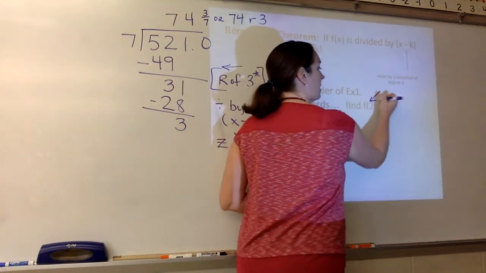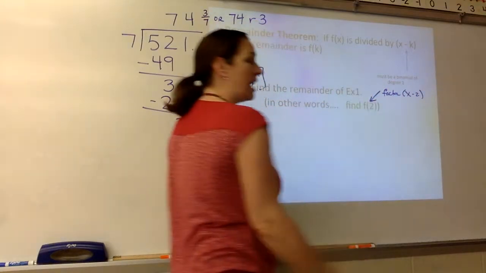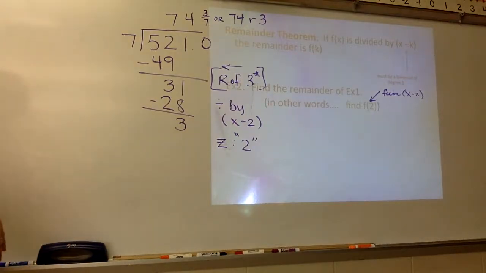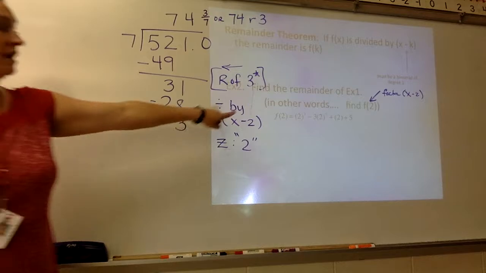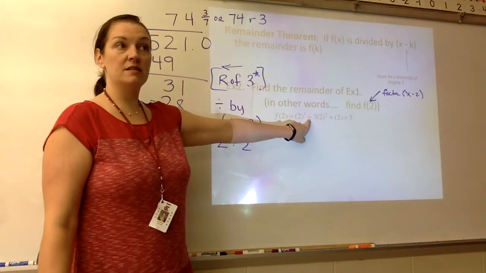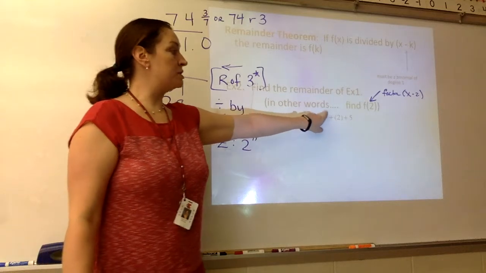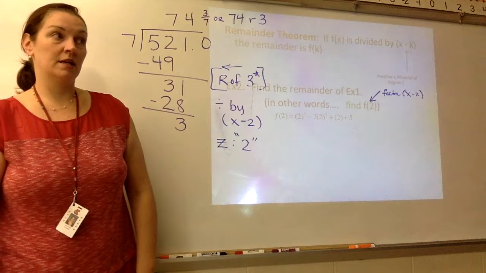So you might want to put a note here that my factor was x minus 2, but I'm finding f of 2. So, if I do that correctly, I'm going to get f of 2 is equal to 2 cubed minus 3 times 2 squared plus 2 plus 5. Guess what that gives me?